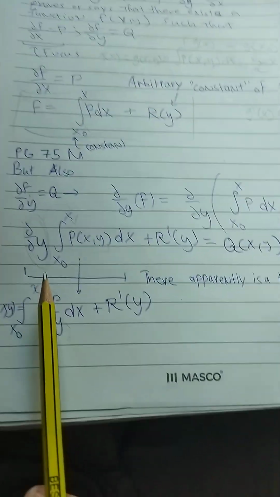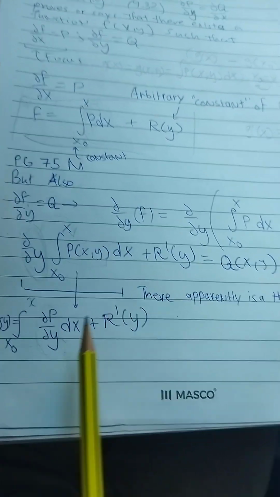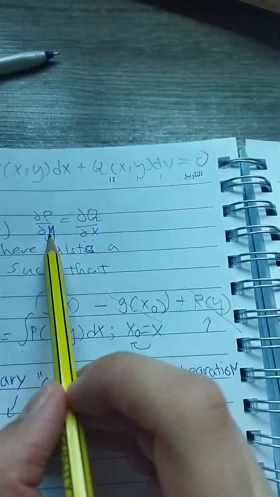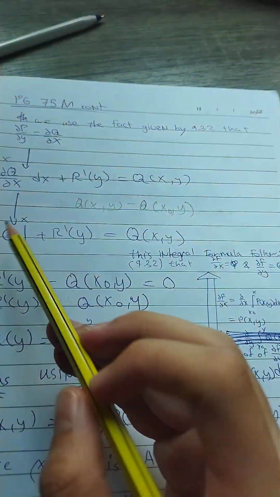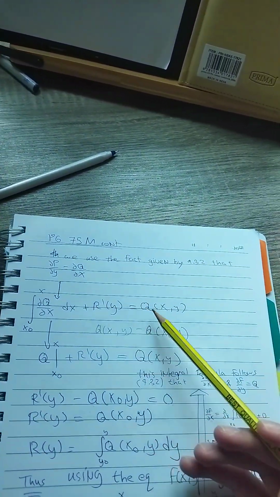and you get that Q(x,y) is equal to the integral from x0 to x of the partial derivative of P with respect to y dx plus r'(y), and we use this relation over here, and we substitute in for Q. So now we get that the integral of the partial derivative of Q with respect to x dx plus r'(y) is equal to Q(x,y).